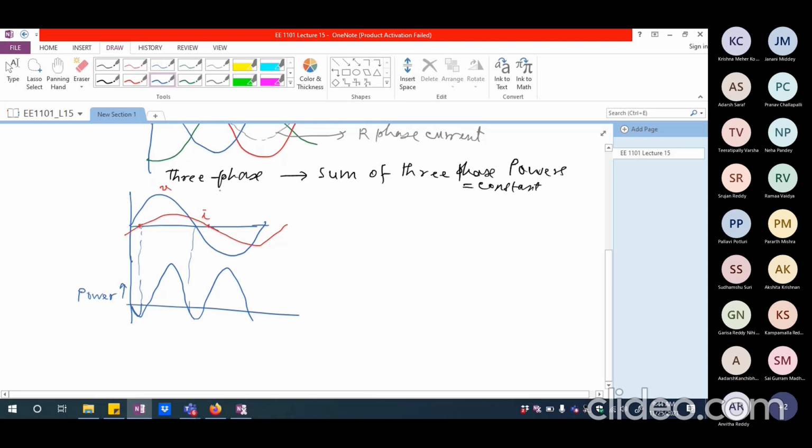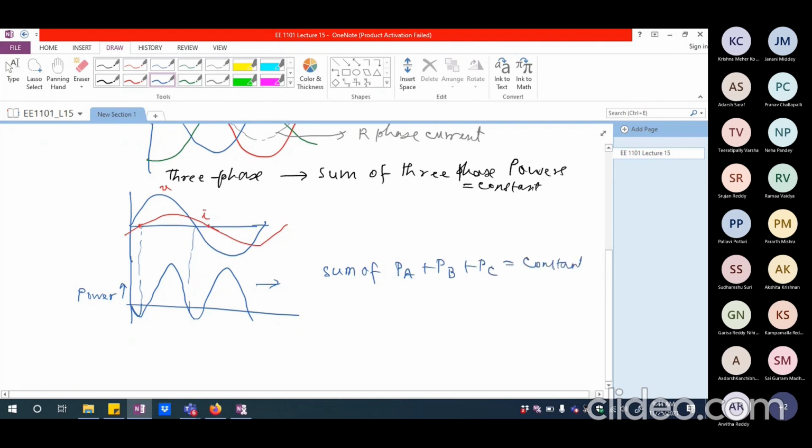Whereas if I look at three phase, if I have three such powers superposed on each other, but they are time shifted depending upon how the voltage is and how the current is, we are going to have the sum of power in A phase plus power in B phase plus power in C phase, which generally will be a constant.